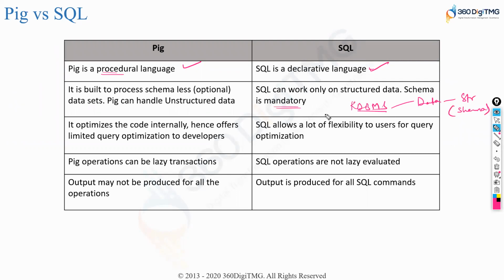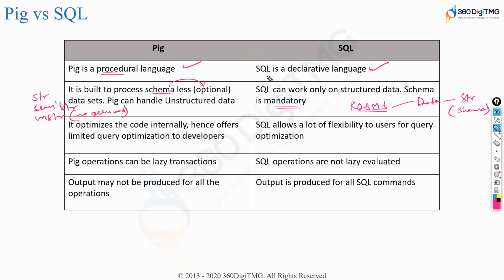Whereas Pig can work with structured data, semi-structured data, and unstructured data. So that means schema is optional. Here there is in fact no schema required. So we are saying schema is optional. Without schema also you can deal with data.